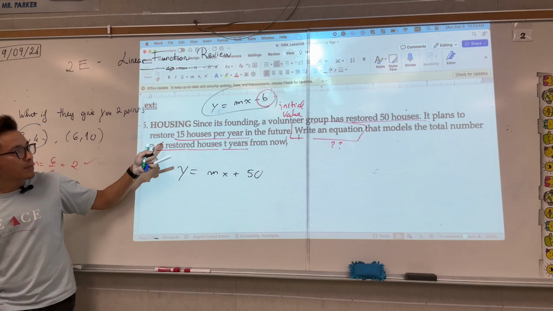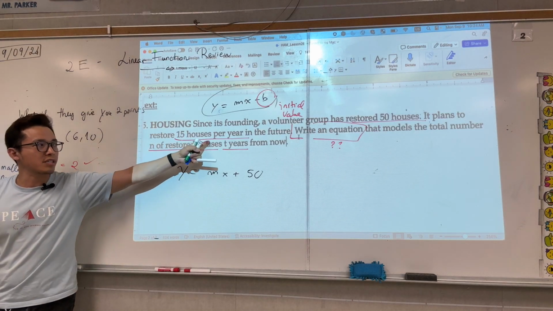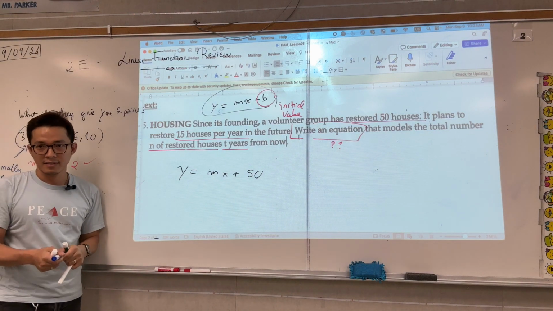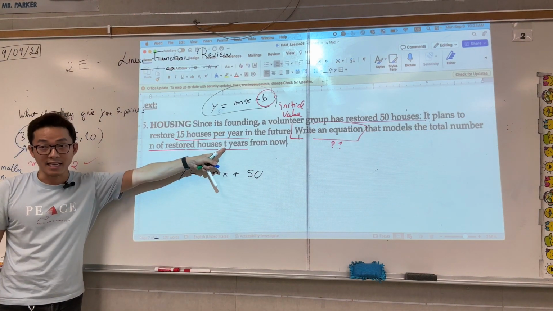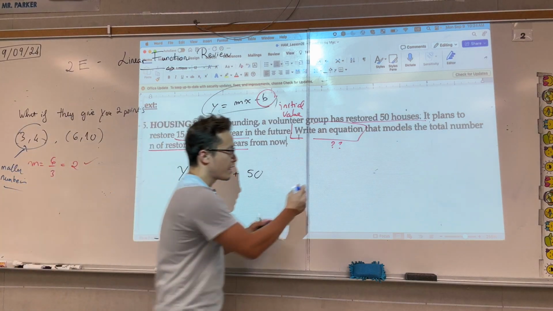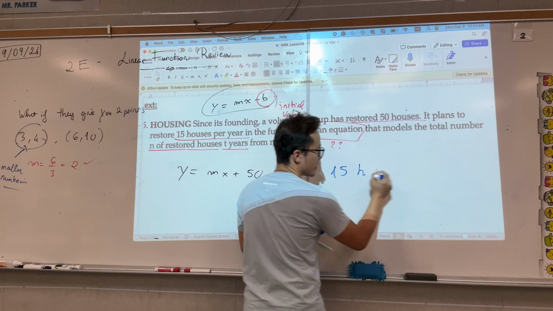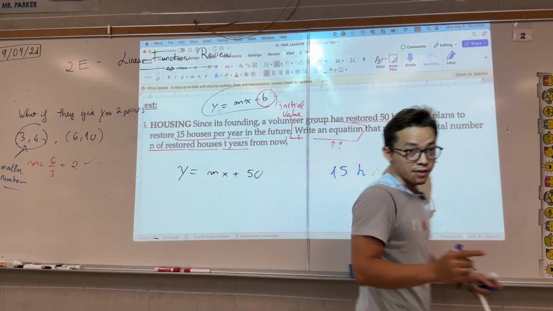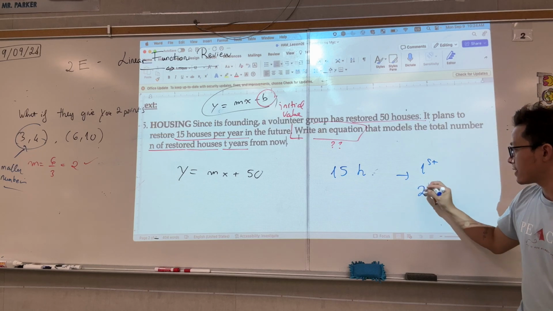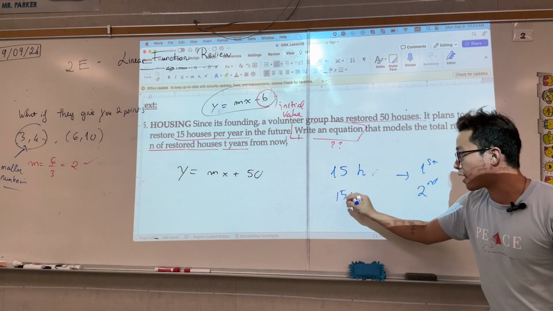Okay, it's planned to restore 15 houses per year. What is the number of the year? The T. Oh, T, right? T is the number of the year. We don't know. Okay, how about this? 15 houses first year. Do you agree? After the first year, do you agree? Now, second year, how many? 30. That means you add another 15.